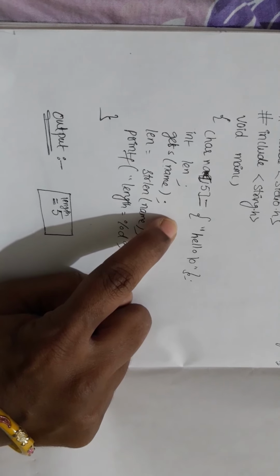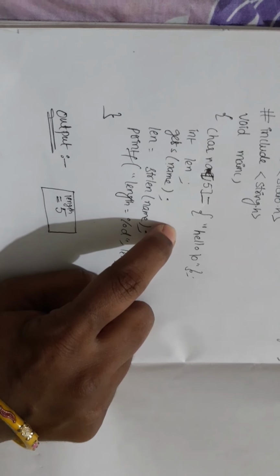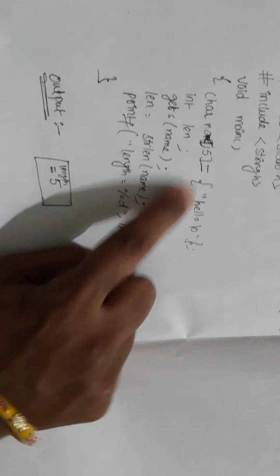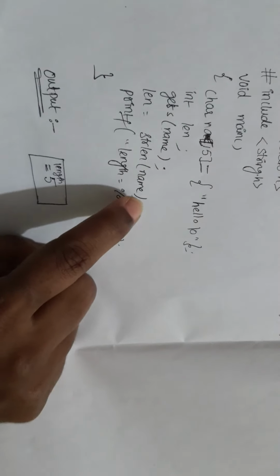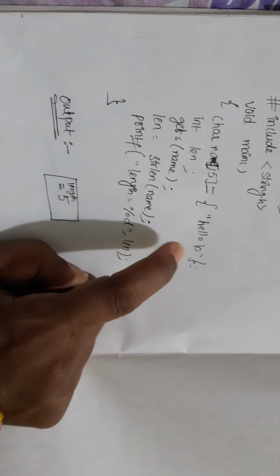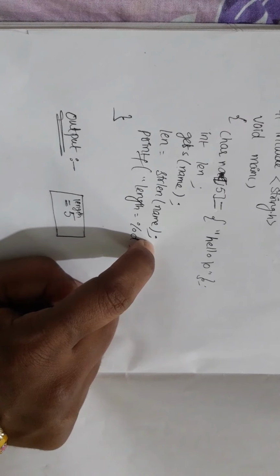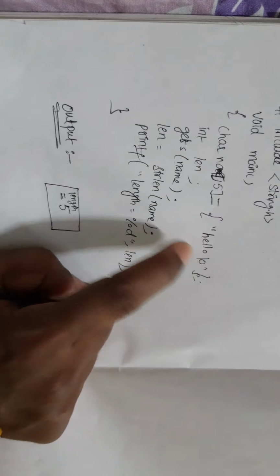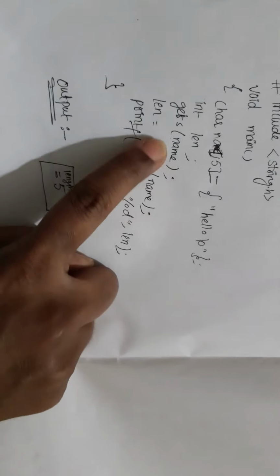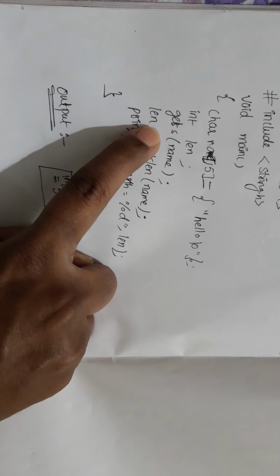It is going to read the string dynamically, that is gets of name. So it is going to read the given string into the given array, and it is going to count character by character, and store the length in the variable called len.